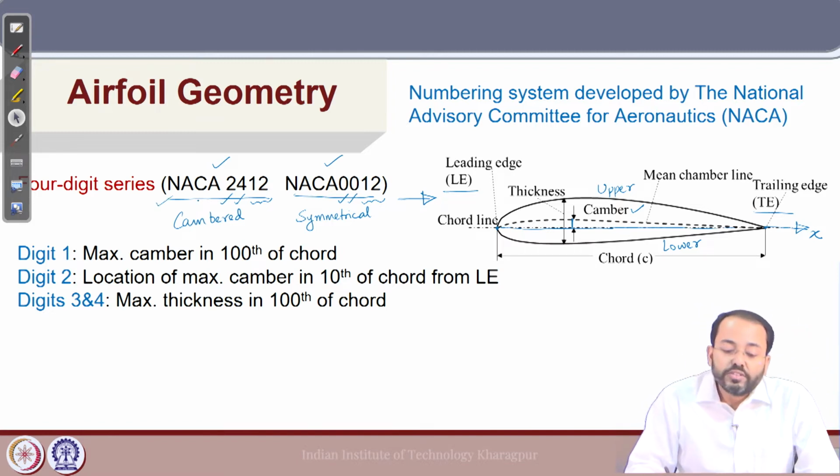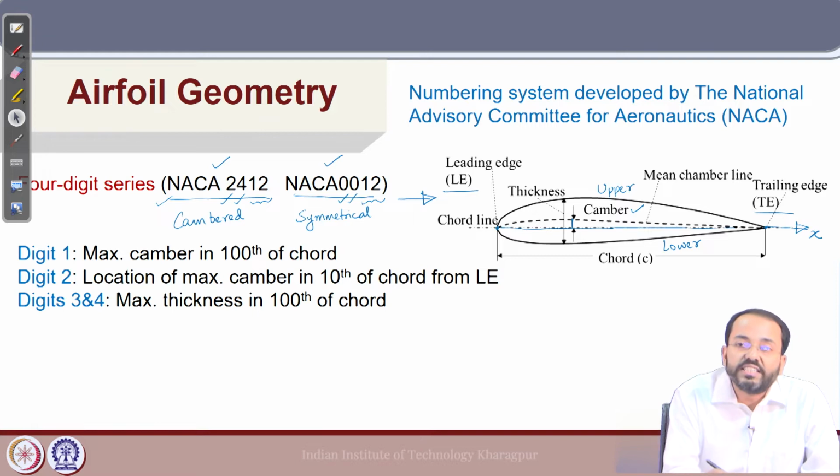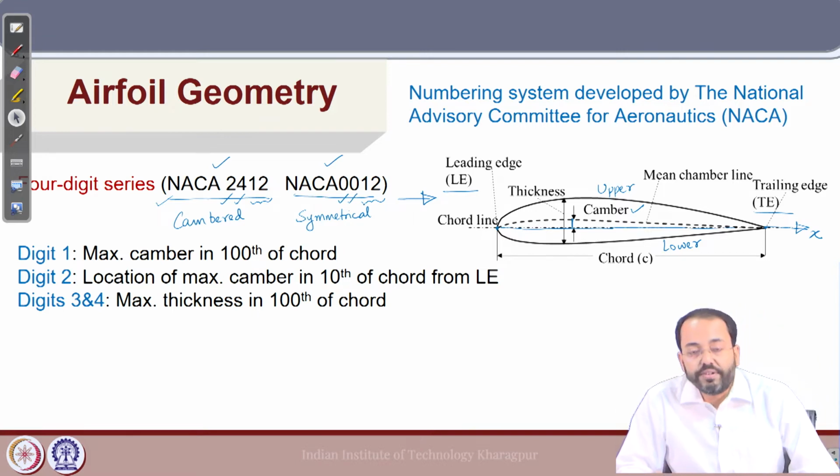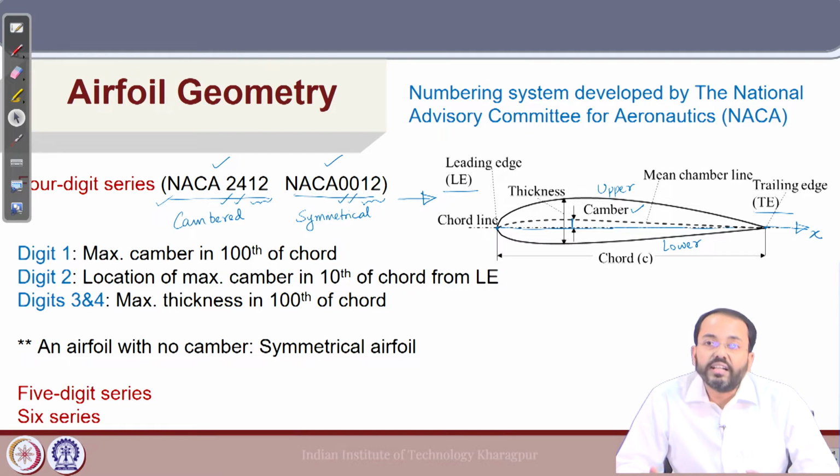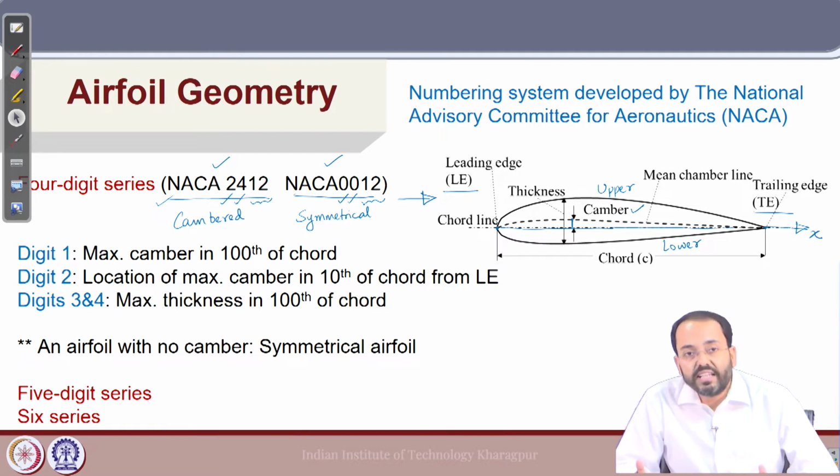If we have a foil section NACA 0012, it will be a symmetrical section. Similar to these 4-digit foils, we have 5-digit and 6-digit series of NACA airfoils, and the geometry depends again on the nomenclature for those kinds of foils.